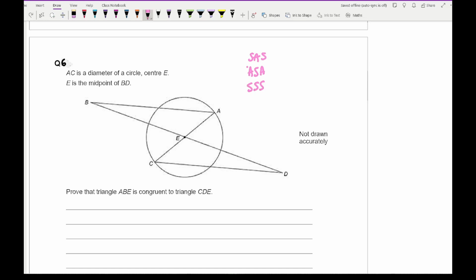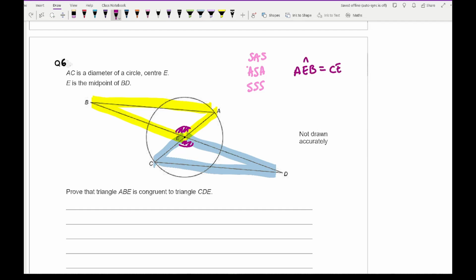So looking at the diagram, let's just first of all highlight the 2 triangles. So this is one triangle, and this is the other triangle. Now, in terms of this, what we know is that this angle is going to be equal to this angle. So angle AEB is equal to CED.